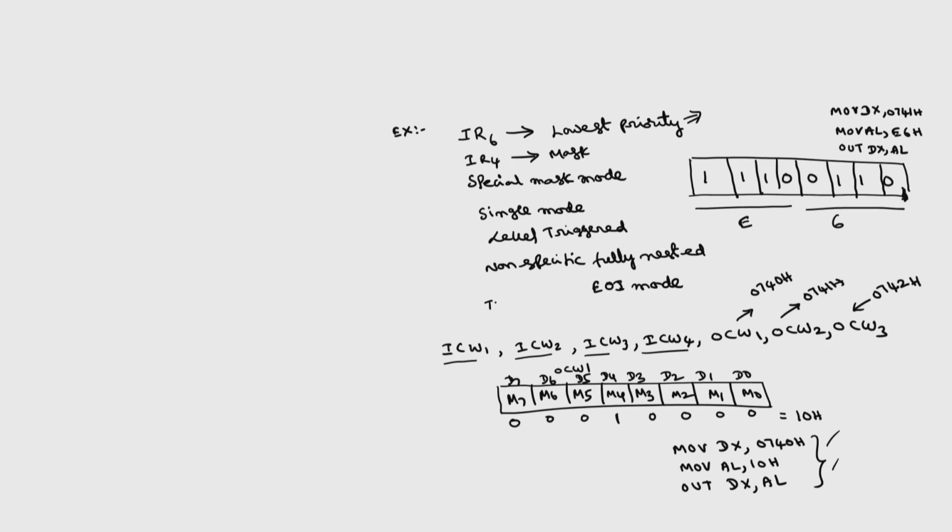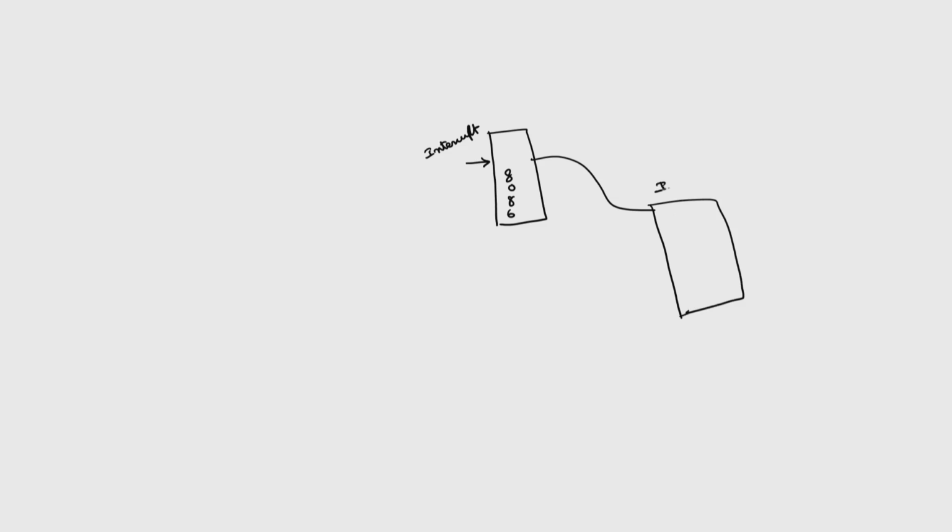If I use this type as 128, say, once this IR is requested, a call instruction will be executed, because the interrupt process is nothing but this: whenever an interrupt occurs, the microprocessor completes the execution of the current instruction and goes to a subroutine called the interrupt service subroutine, and its first address is called the interrupt branch address.